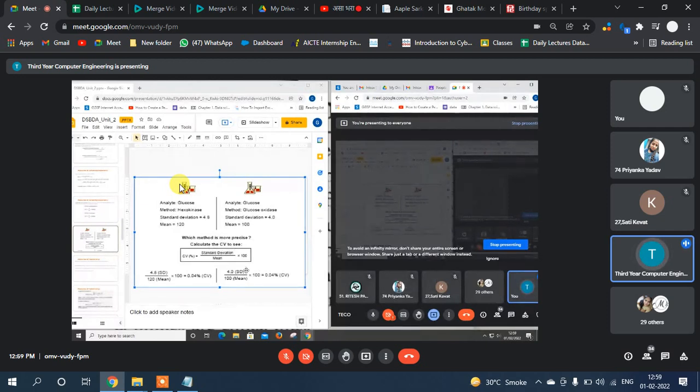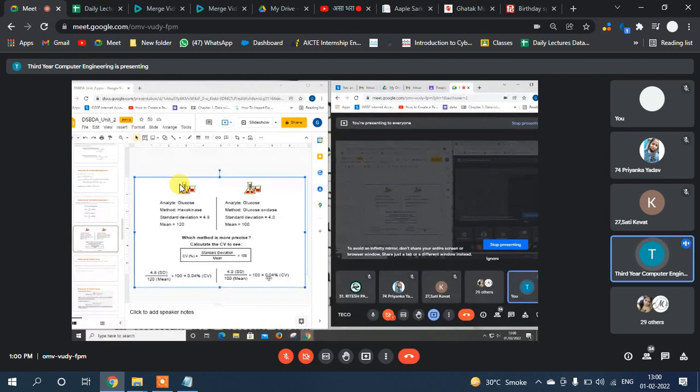The coefficient of variation for the first method is standard deviation divided by mean, times 100. The standard deviation is 4.8, divided by the mean value, times 100. I get 0.04%. That is the coefficient of variation. For the second method also I calculate standard deviation divided by mean, times 100, and again I get the same answer. Which method is more precise, that we need to select, but unfortunately here we get the same answer.